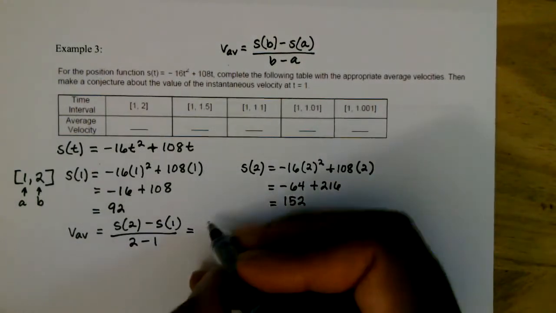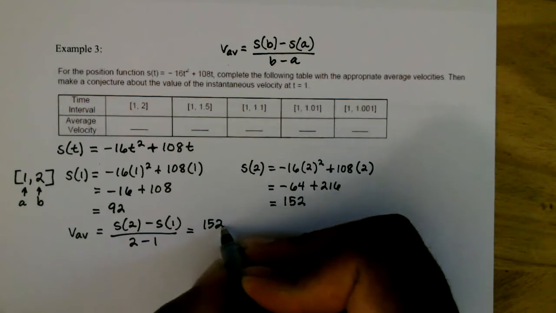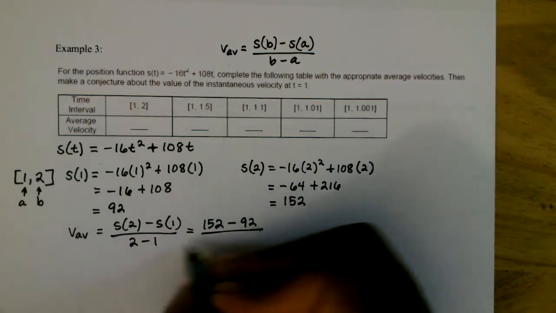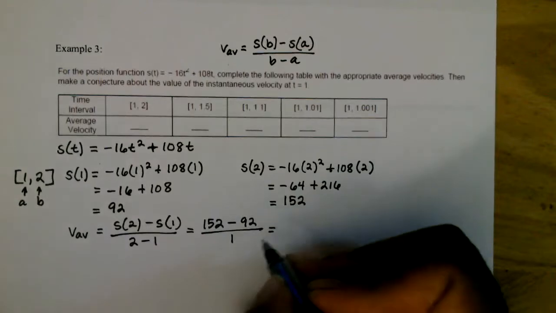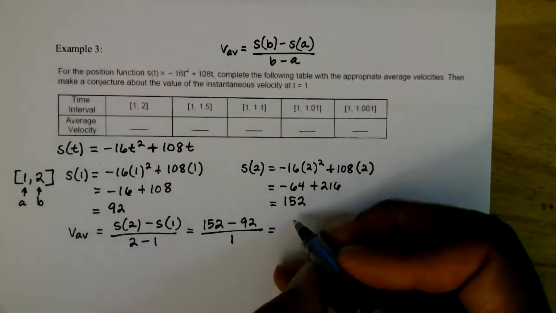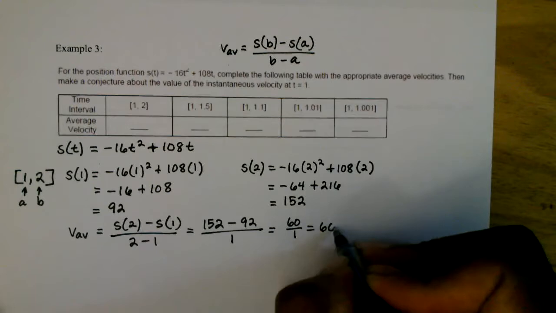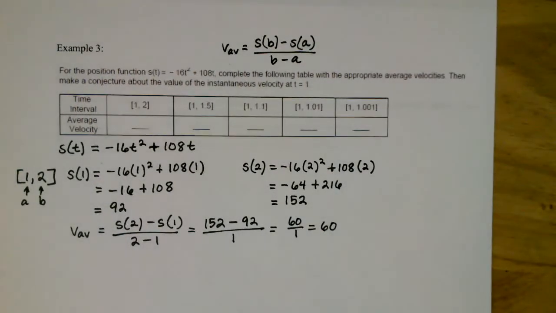Well, S of 2 is 152 minus S of 1 is 92, divided by 2 minus 1, which will be 1. Now, 152 minus 92 would be 60. Divide that by 1, you'll get 60. So from 1 to 2, the average velocity for that position function would be 60.